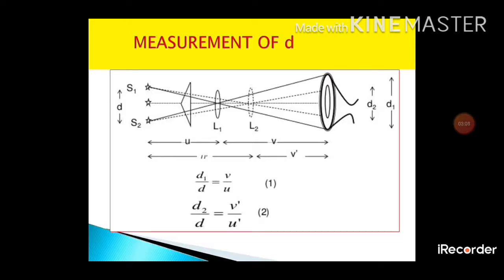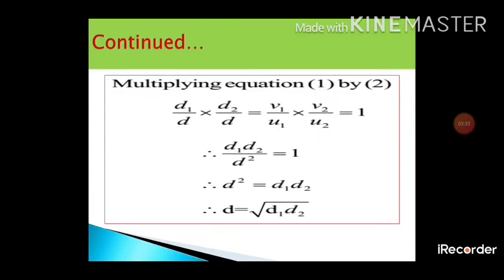In this case, U dash is the distance between the sources S1 and S2 and the lens L2, and V dash is the distance between L2 and the eyepiece. So U dash is the object distance and V dash is the image distance. By using the same method again, I can write D2 by d is equal to V dash by U dash. So I have obtained equation number 2.